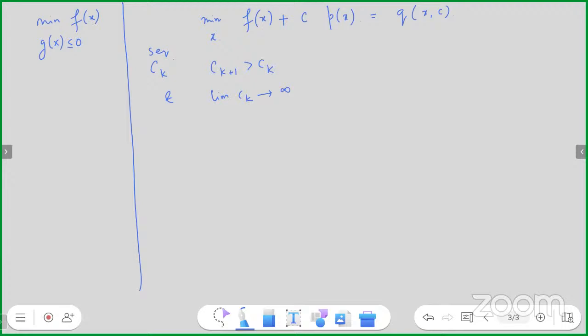And the theorem we are going to prove is the following. Suppose f of x, g of x, and p of x are continuous. No mention of any convexity anywhere.